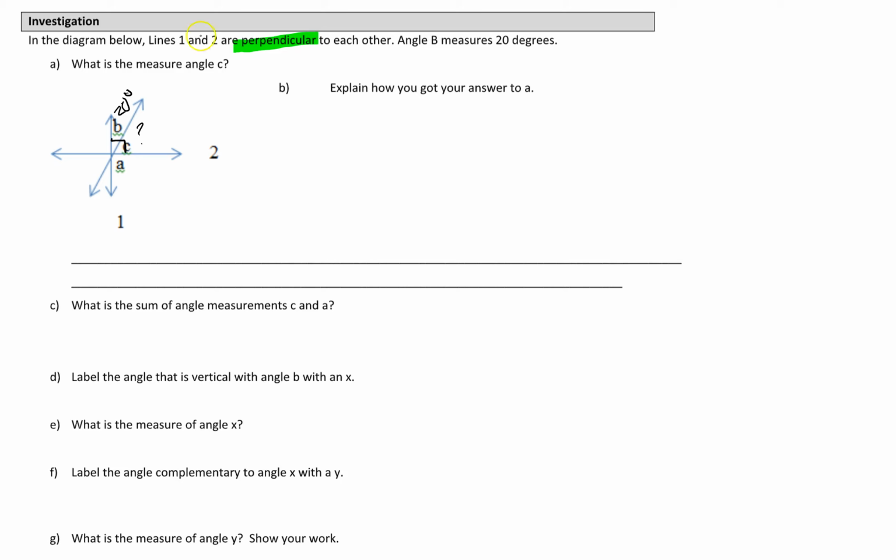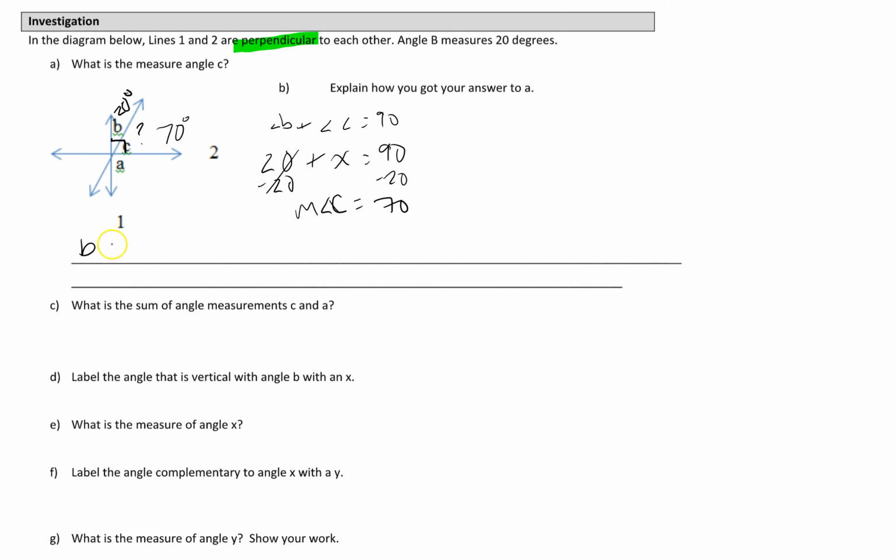So if I know they're complementary, then angle B plus angle C should equal 90 degrees. We know angle B is 20 degrees, and we don't know angle C, so we can give it a variable. And we can solve. Let's call this C, or we could say measure of angle C equals 70 degrees.